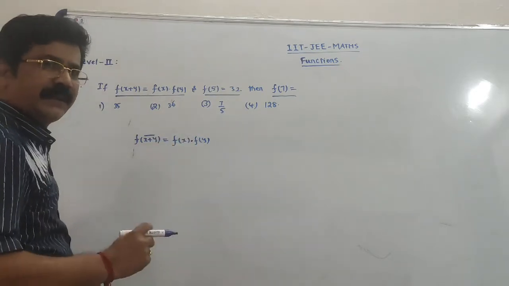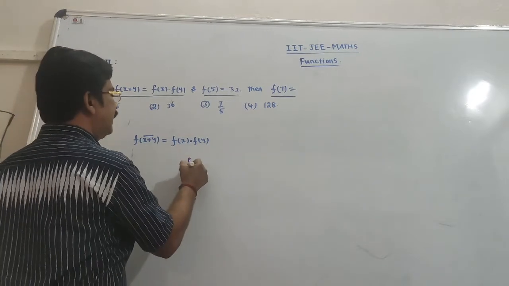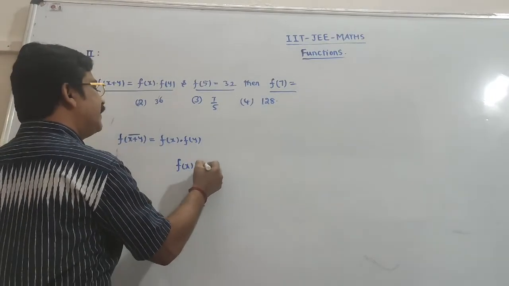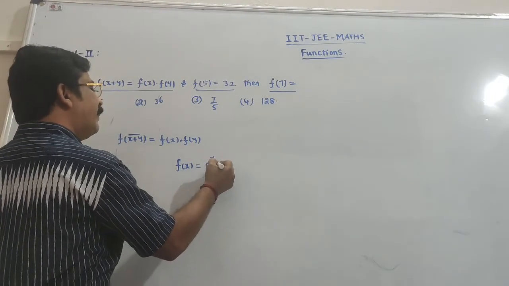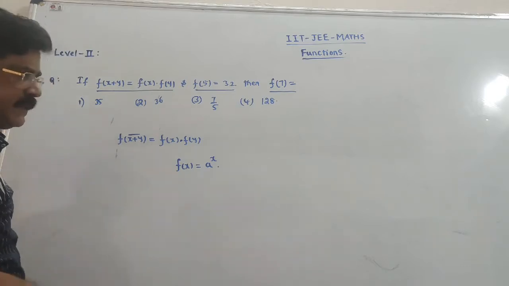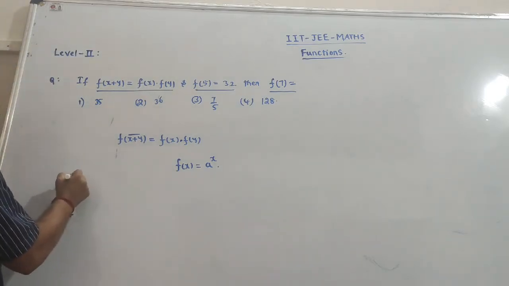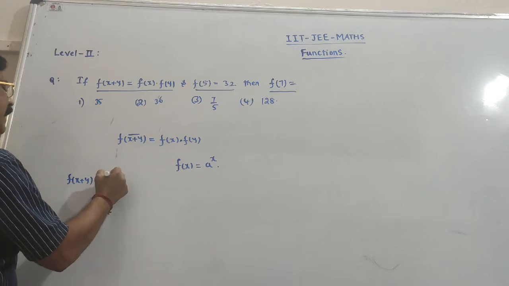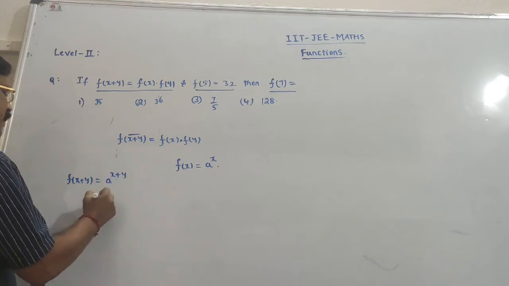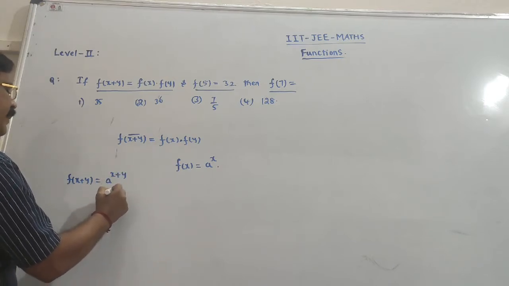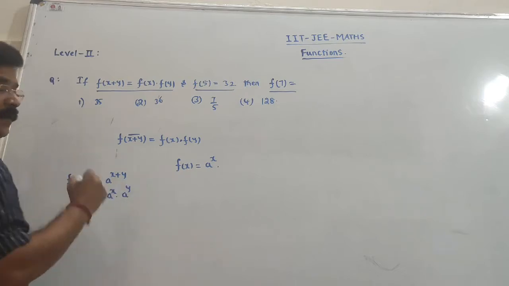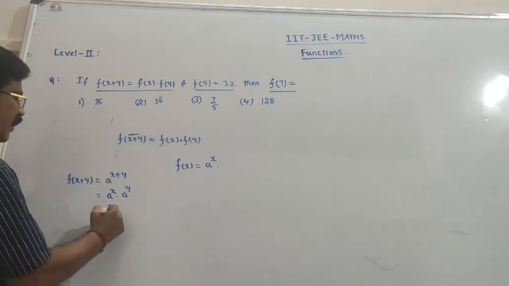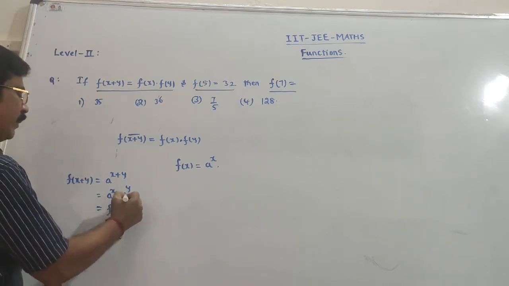It is expressed like that. So we can expect the function f of x equal to something a power x. If possible, you can verify: f of x plus y is what? According to this, a power x plus y. A power x plus y can be a power x into a power y. So a power x is what? f of x. a power y is what?